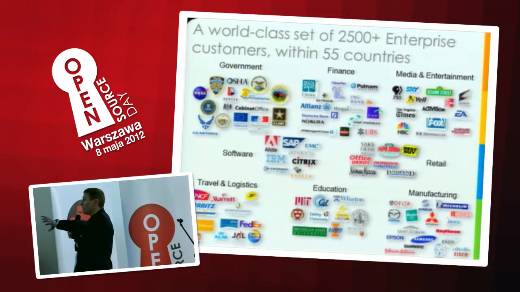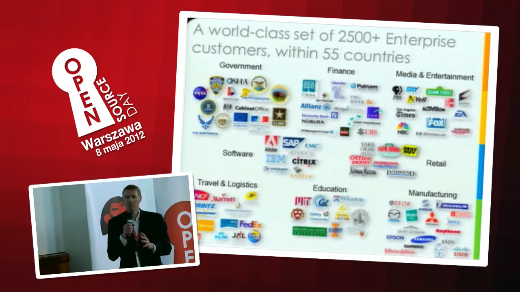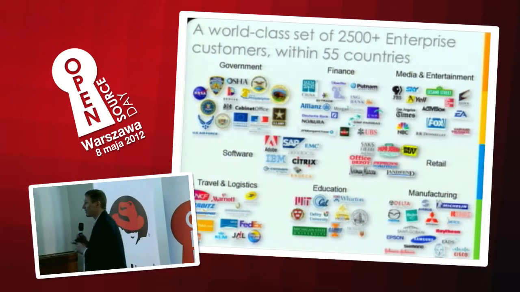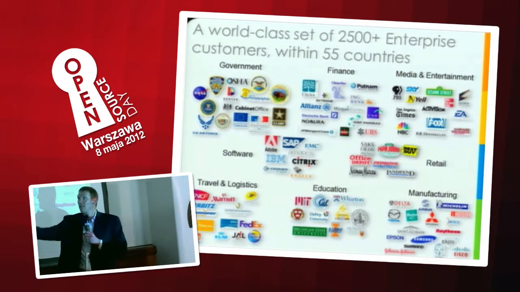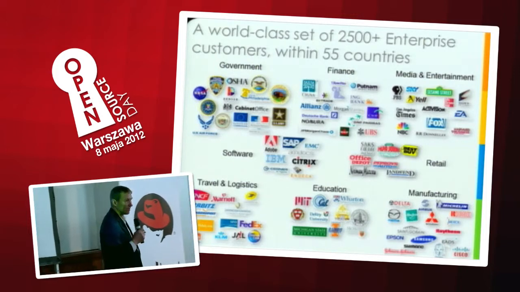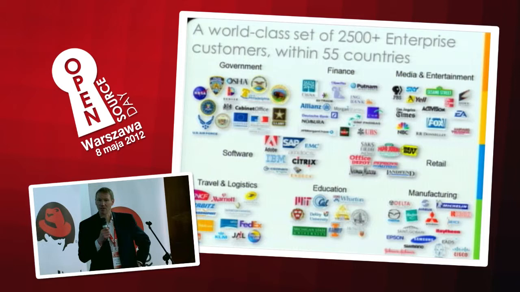But you can see that we are not only working on government and finance, we have customers in all of the verticals. And recently, I would say something maybe significant, we have been selected by SAP to be the only document management tool that they have implemented internally.